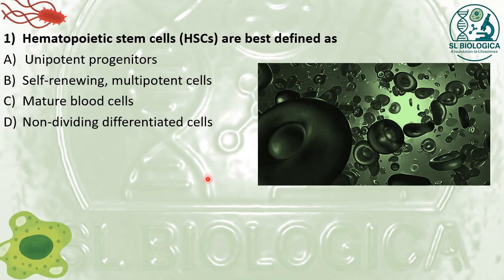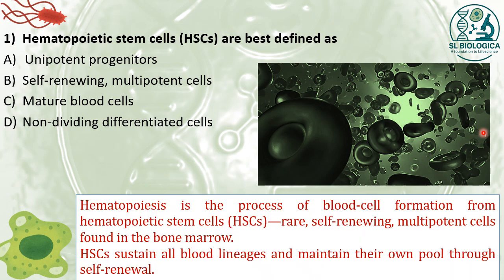So what are hematopoietic stem cells? Before moving into that, let's see what hematopoiesis is. Hematopoiesis is the process of blood cell formation from hematopoietic stem cells, that is HSCs, and they are rare self-renewing multipotent cells found in the bone marrow.